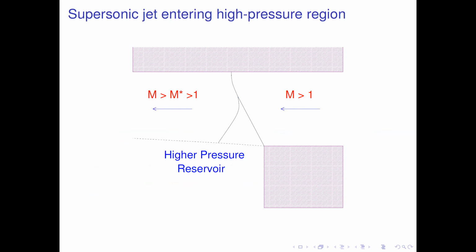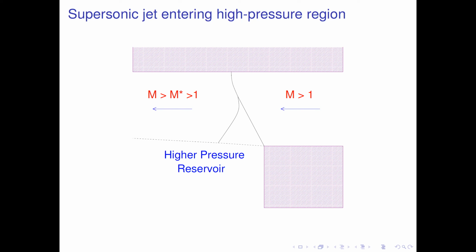Now, just to convince you that this is not a simple problem, here's kind of a sketch of a physical picture. You have a supersonic jet, Mach number bigger than 1, sort of hitting a high pressure reservoir. And this is a rough idea anyway. And this should be M star in this region. It generates some reflected shock.